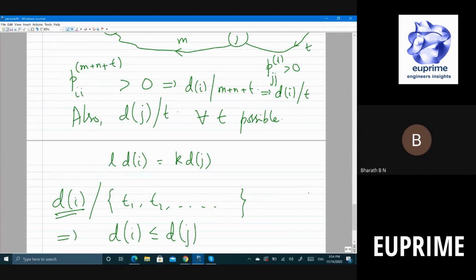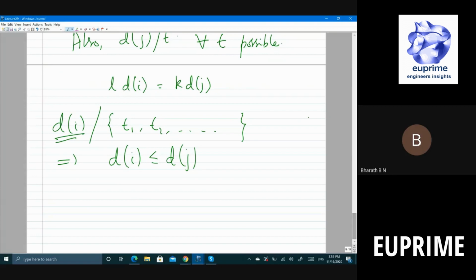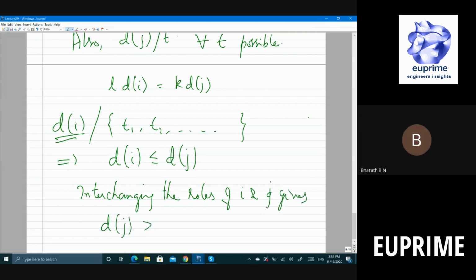How do you complete the proof now? I've shown d of i is less than or equal to d of j. So what is the other thing that I have to do? The opposite inequality. Exactly, you interchange the roles of i and j. Interchanging the roles of i and j gives d of j less than or equal to d of i.